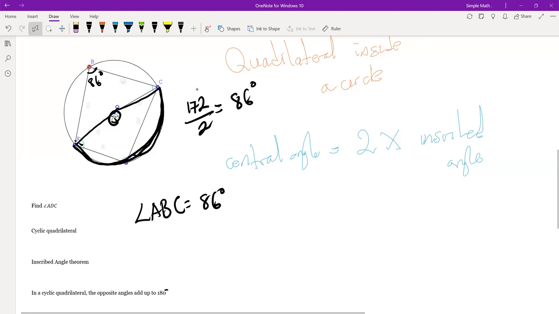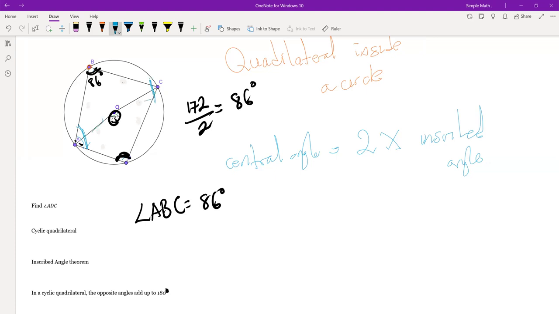So the angles facing each other, like this angle and this angle are opposite each other, and this angle and this angle are opposite, they are facing each other.